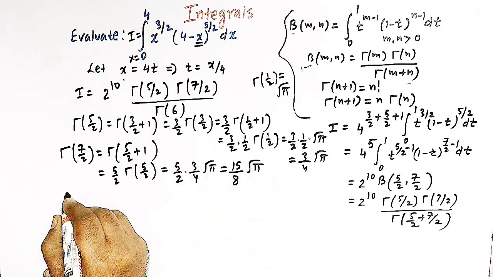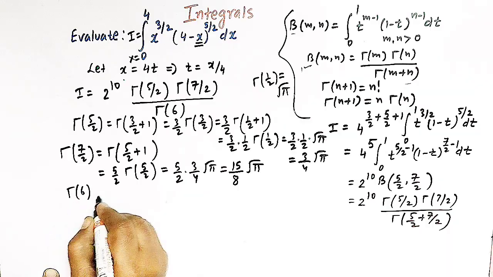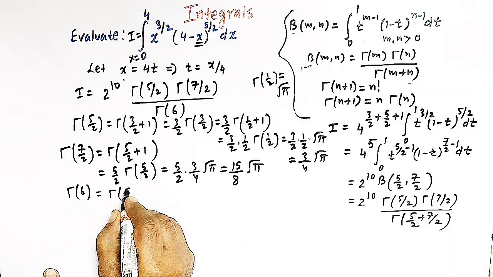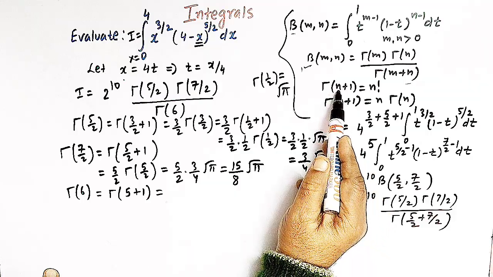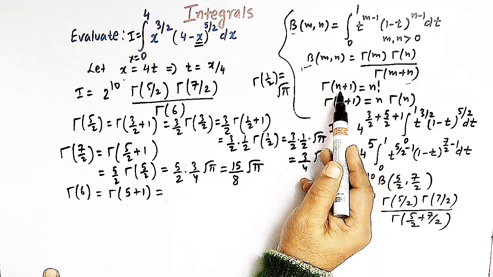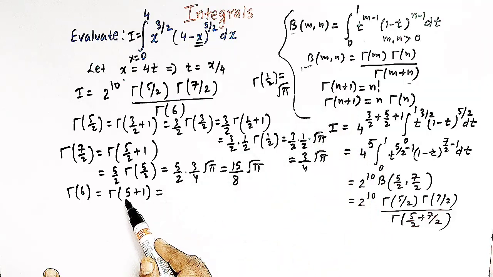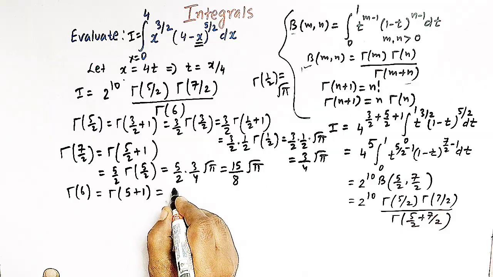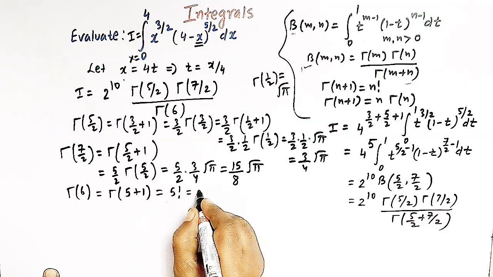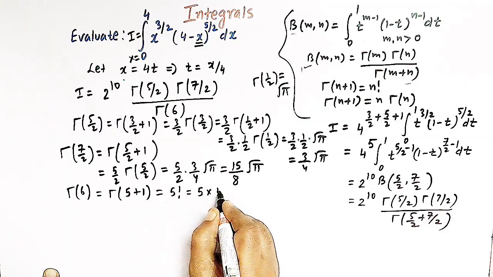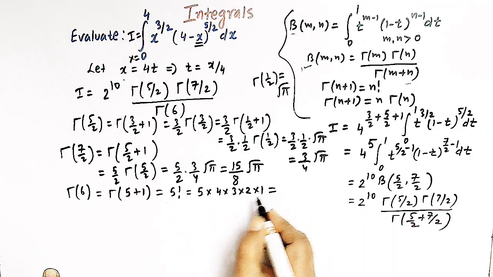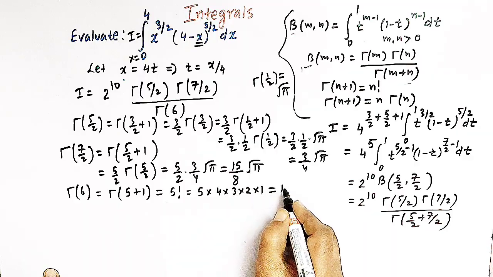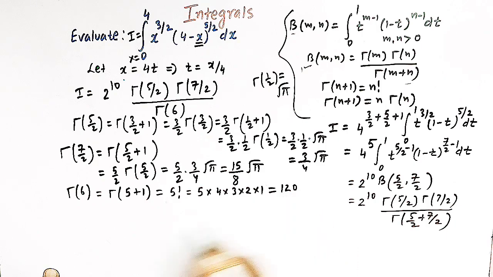And now gamma 6 can be written as gamma 5 plus 1. So here we can apply this result. So n is 5, which is a positive integer, so we have 5 factorial. So 5 factorial is 5 times 4 times 3 times 2 times 1, so this is 120, right?